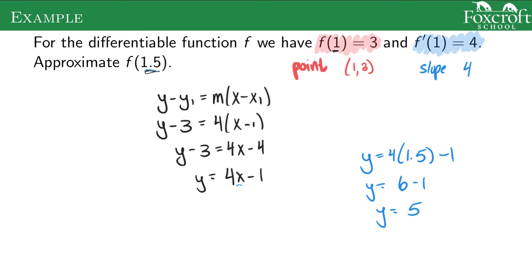So my approximation for my original function is that when I plug in 1.5, I'm going to get 5. The chances of that being exactly right are really slim, but 5 is going to be a good approximation. Maybe the actual value is like 5.2 or 4.7 or something like that, but 5 will help me approximate using this tangent line.